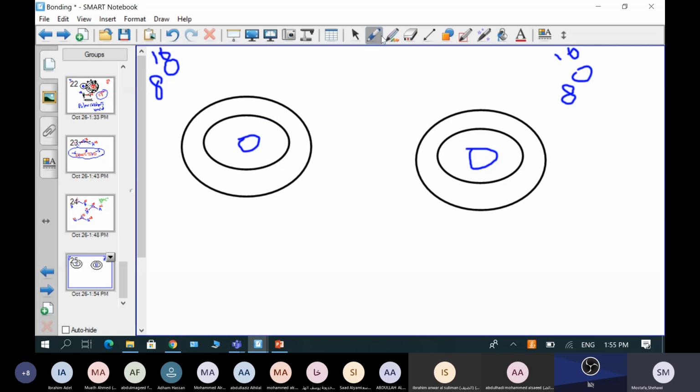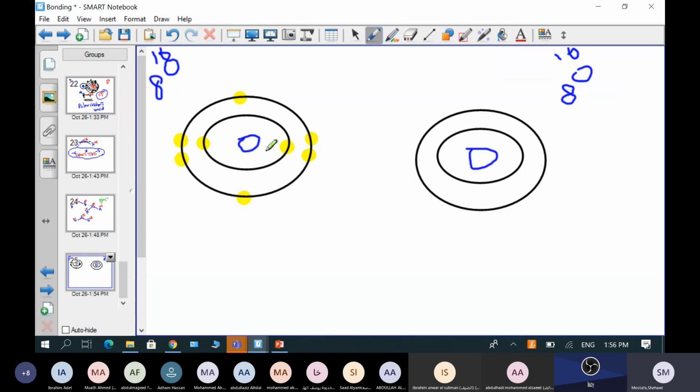And let's draw the electron configuration. The first level has 2 electrons. Second, we have 6 left out of 8, so 6 in the second level: 1, 2, 3, 4, 5, and 6. So we have 6 here.